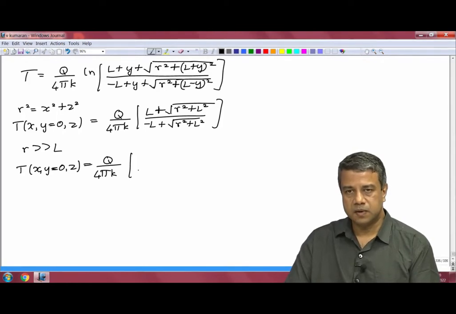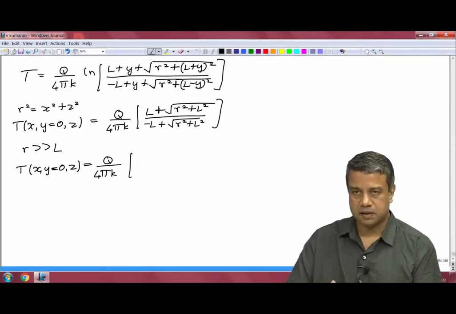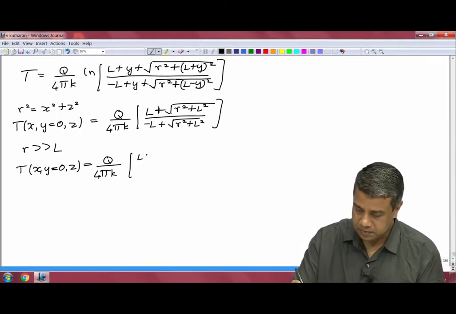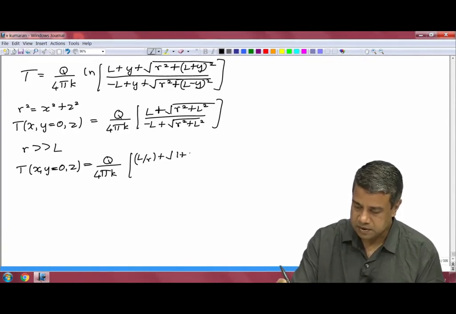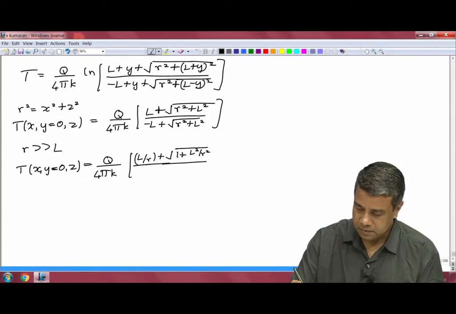I divide numerator and denominator by R. So, I will get L by R plus root of 1 plus L square by R square, divided by minus L by R plus root of 1 plus L square by R square.